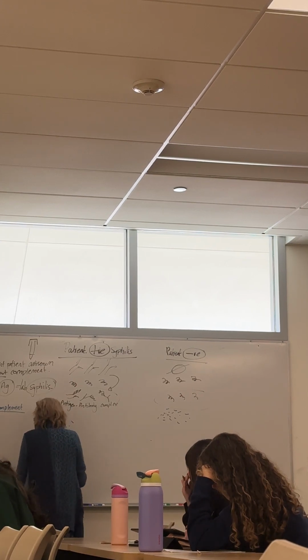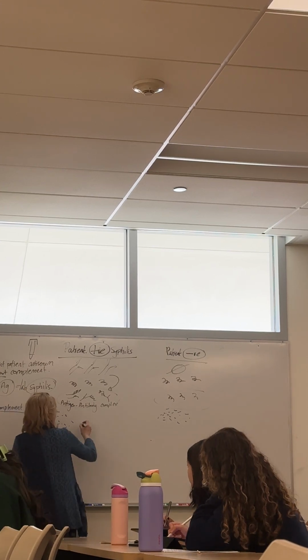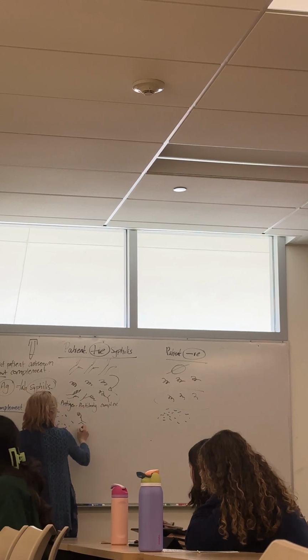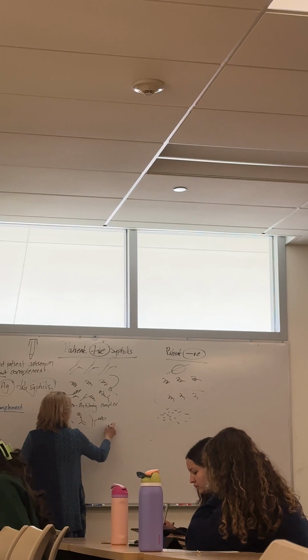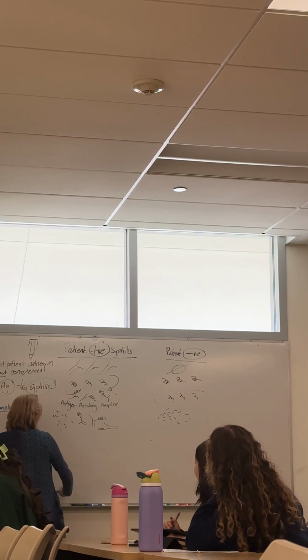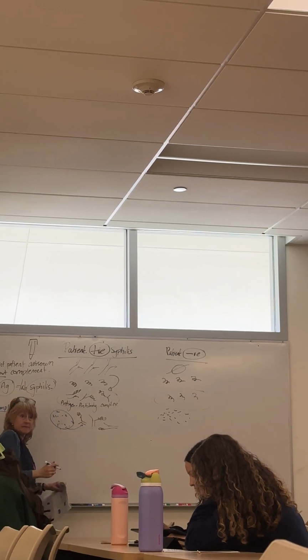Let me just draw it. Because now what happens? You've added complement, and what does it go for? Well, you've got all these little guys, right? Here we go. Like this. And where does the complement go? Remember the knees?